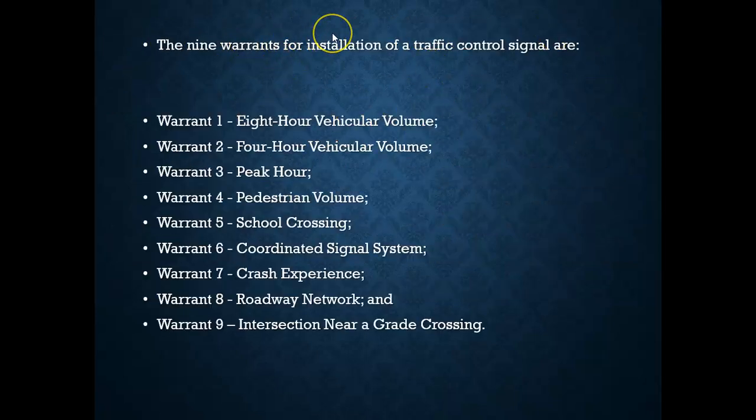Now, there are 9 warrants for installing traffic control signals here. We have the 8-hour vehicular volume, 4-hour vehicular volume, the peak hour pedestrian volume, school crossing, coordinated signal system, crash experience, road network, and intersection near a road crossing. So let's start taking them one at a time.